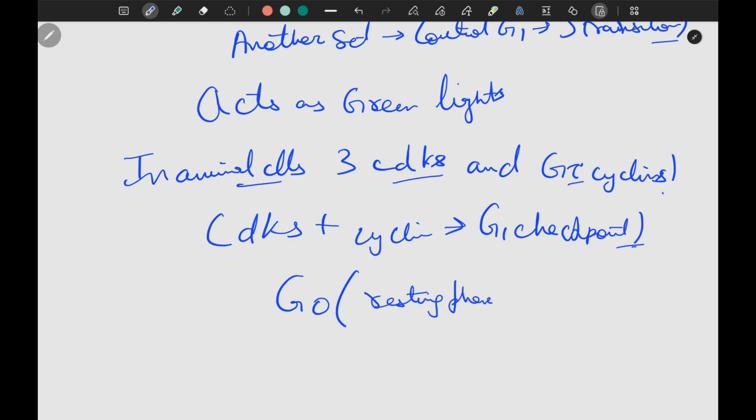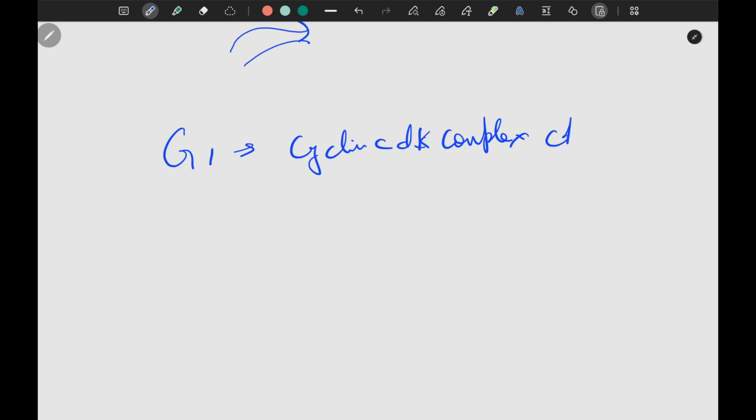If some damage has happened, the cell repairs it here and then starts again. For example, at G1, many cyclin CDK complexes check whether the cell can divide further or not.